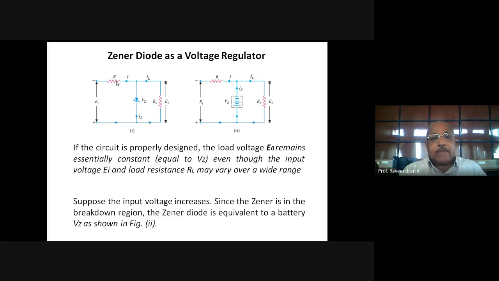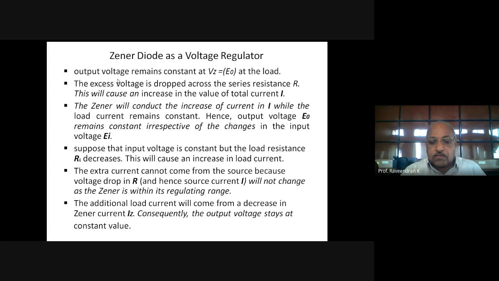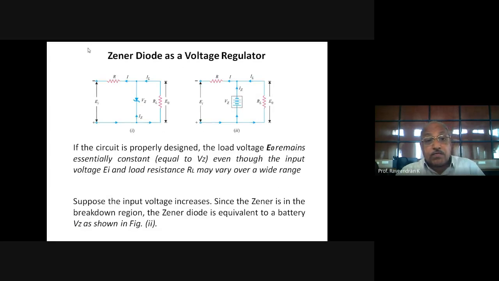And when that particular voltage drop occurs here due to the increase of input voltage, not load current, we are considering that the input voltage is increased. When the input voltage is increased, the load voltage will not have any variation.